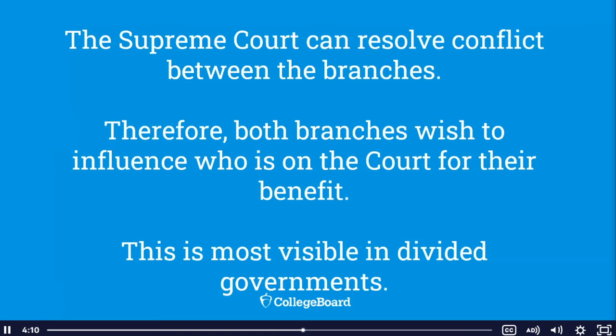We talked last time about the president and the long lasting influence of members that are put on the court and can serve for decades and decades. And when there's divided government, we're going to find that Congress is probably going to want someone different than the president in terms of filling those vacancies, particularly on the Supreme Court.